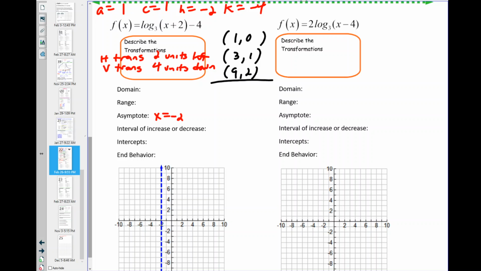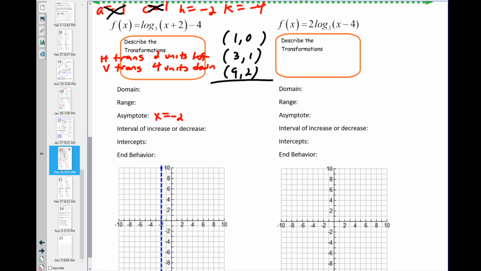It's the same formula. It's still x over c plus h, y times a plus k. Since a and c are being multiplied and divided, if those are 1s, you can ignore them. So here a and c are 1s, I can ignore them. All I'm going to do is take away 2 from all the x's, take away 4 from all the y's.